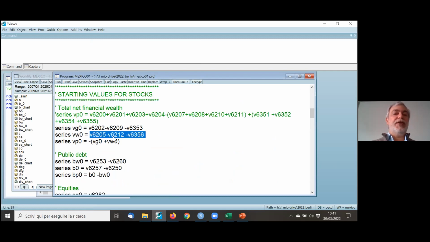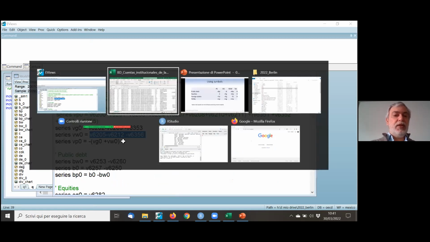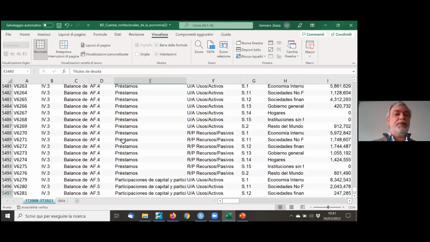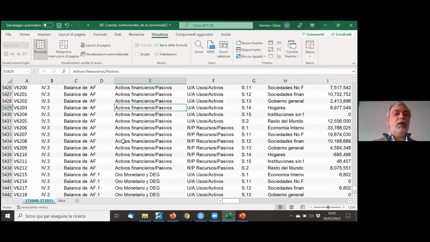So I think in here, yes, in here I estimated the wealth of the foreign sector by taking the line 6205. 6205 is the total assets of the rest of the world, less the total liabilities of the rest of the world.